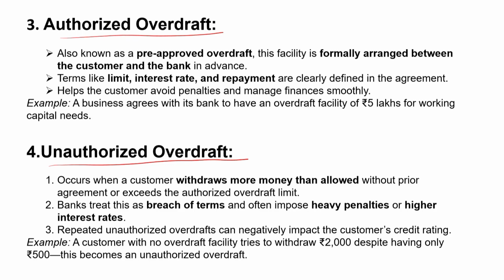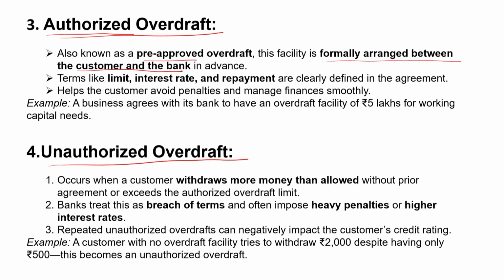Now there is another category, which is the authorized overdraft. In such a case, as the word authorized is attached to this kind of overdraft facility, it is a pre-approved overdraft which is provided by the bank to the consumer. So this facility is formally arranged between the customer and the bank in advance.